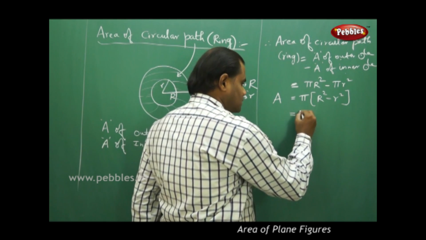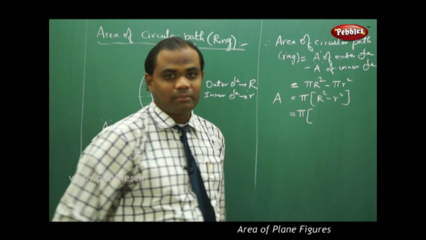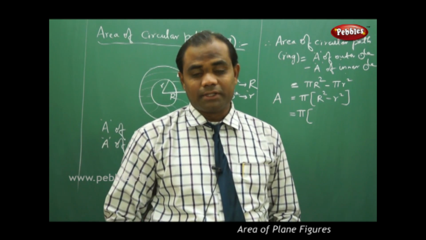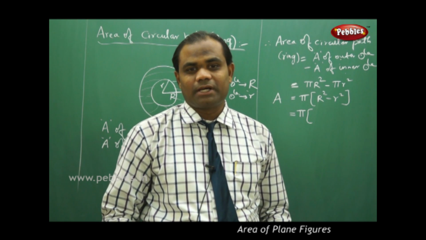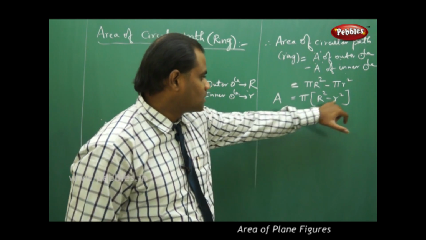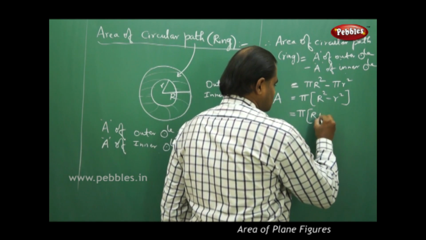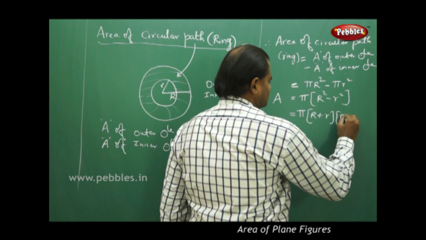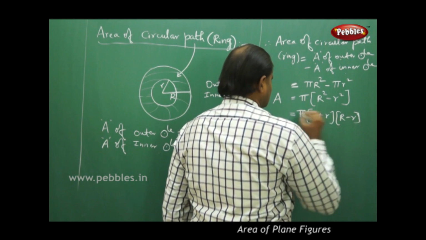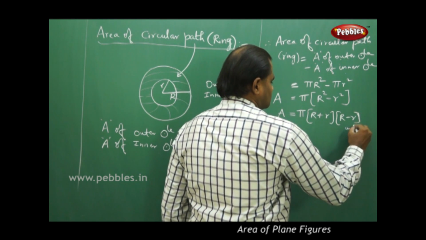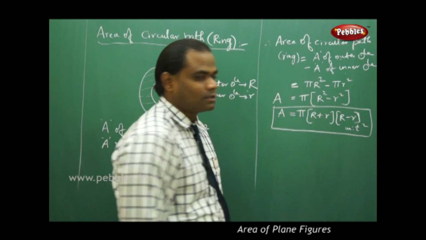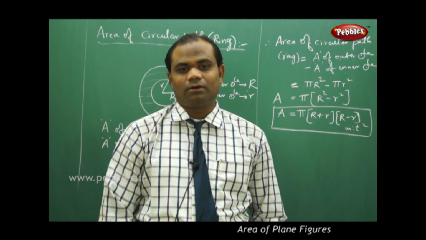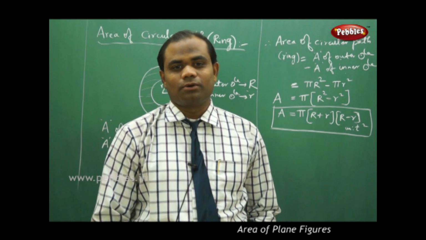But when I simplify still further, I know by the identities which we already discussed in the previous sessions, a square minus b square is a plus b times a minus b. Therefore, R square minus r square can be written as R plus r times R minus r unit square. So this is how the area of the circular path or the area of the ring is obtained from the given dimensions.